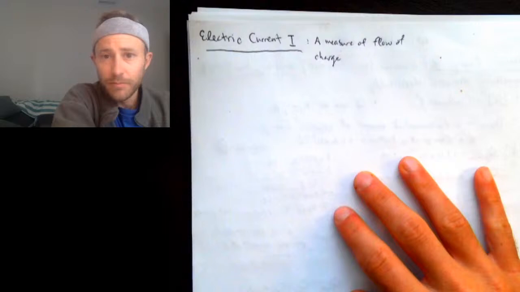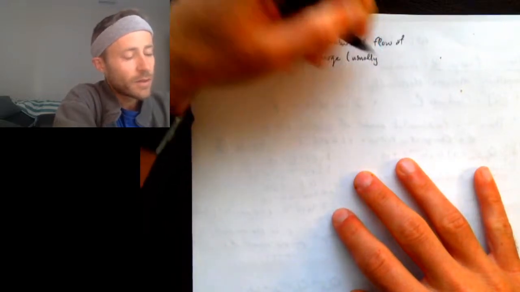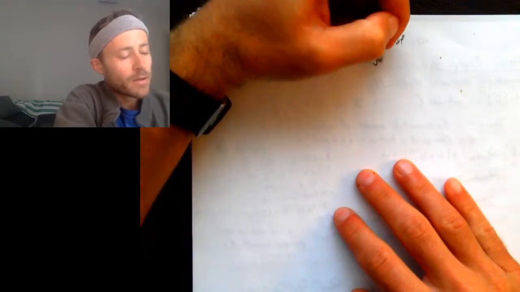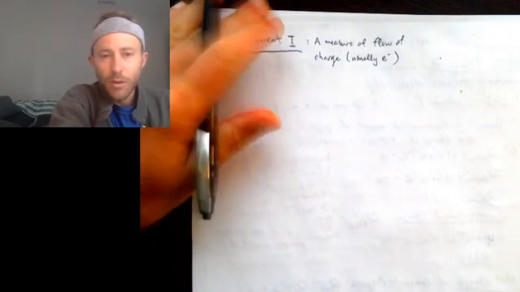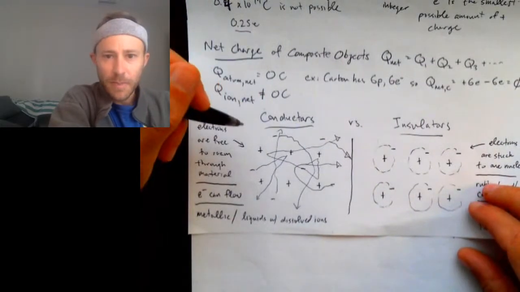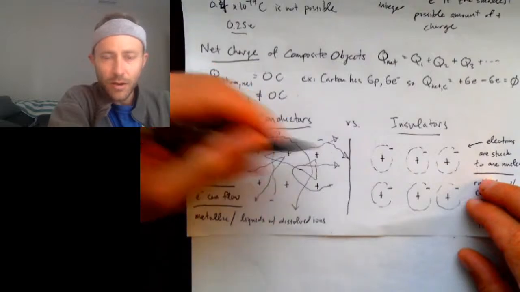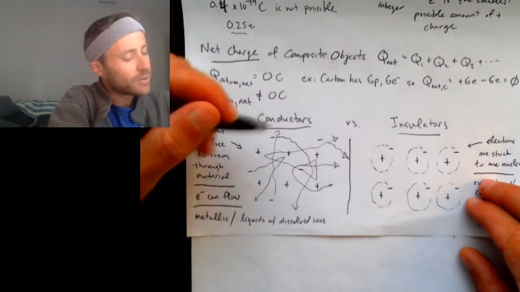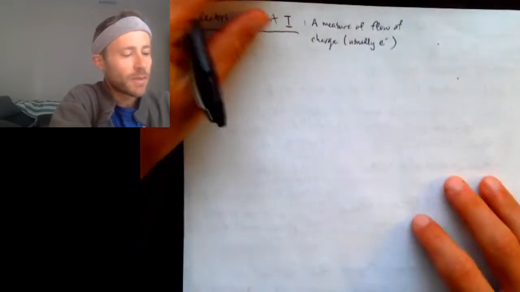And usually that flow of charge is electrons. Okay, why is that? It's because if you have a material that's a conductor, the positively charged nuclei are stuck in place. It's the electrons that are bouncing around. Okay, so it's usually the electrons that are bouncing around.